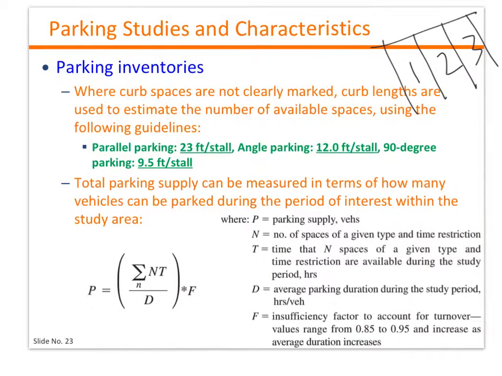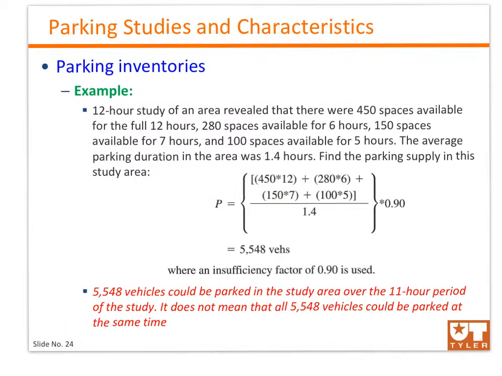So let's have an example to understand how we can get the parking supply. A 12-hour study of an area revealed that there are 450 spaces available for the full 12 hours, let's say from noon to midnight.